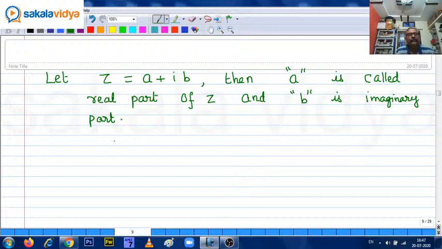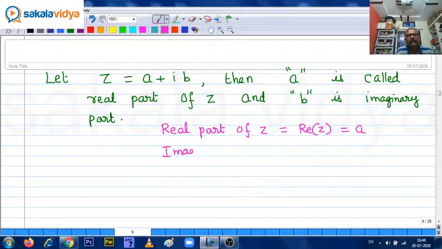So now we can denote it like this also. Real part of z, shortly we can write Re of z. So Re of z is equal to a.